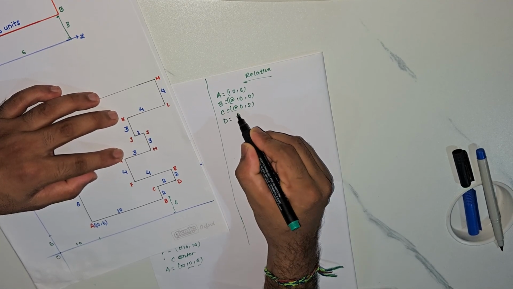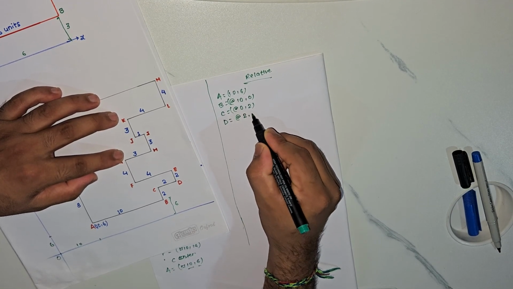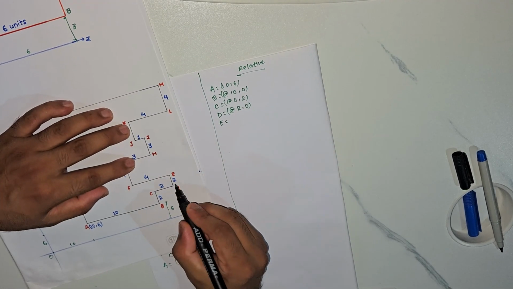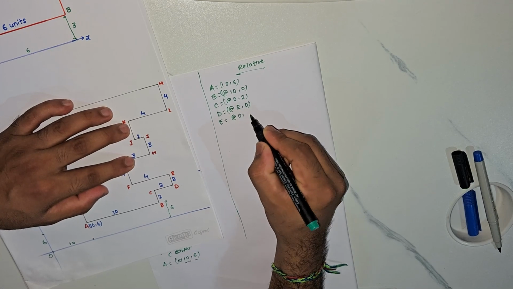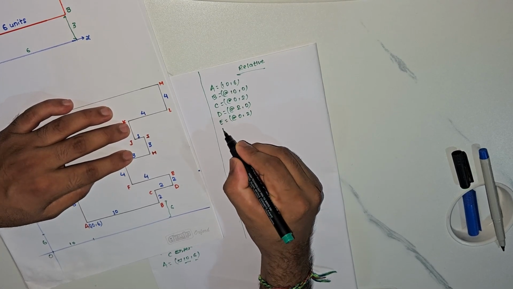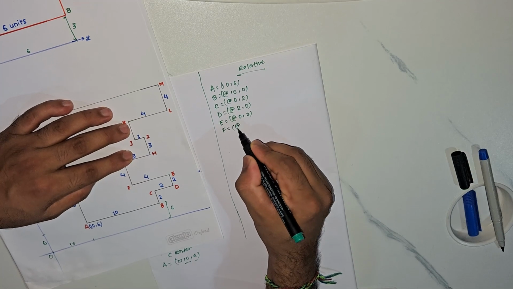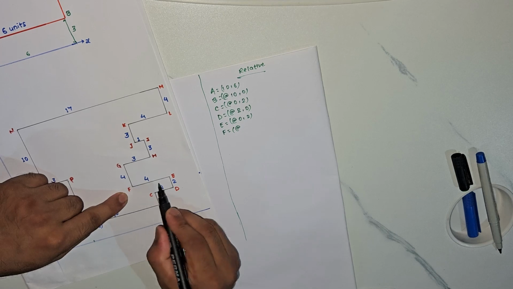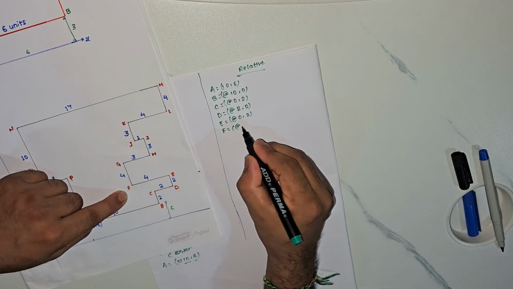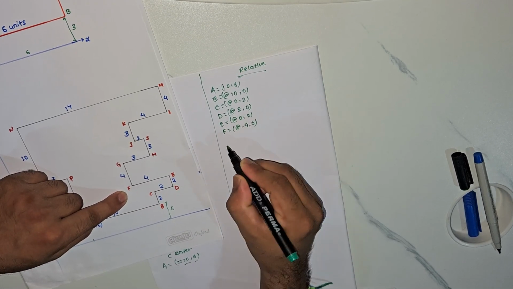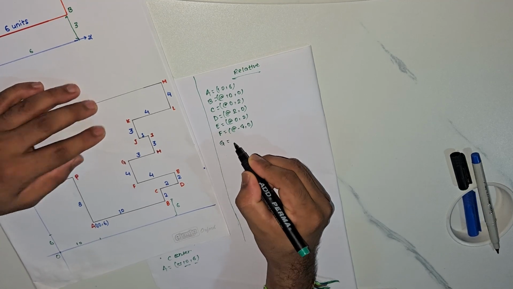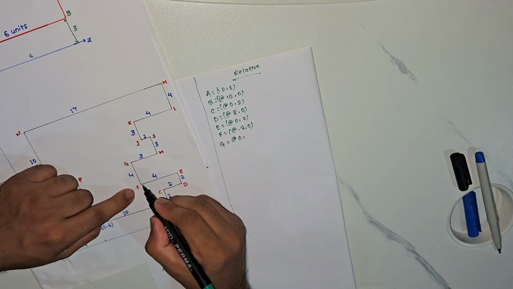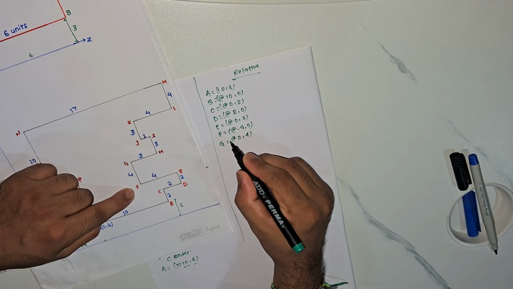And for D, the x distance is plus 2 and the y distance is 0. Now for E, the x distance is 0 and the y distance is plus 2. Now for F, the x distance is minus 4, because the point F is moving in left direction from E, so it will be minus 4 and the y distance is 0. And now for G we have the x distance is 0 but the y distance is plus 4 because it is going upward.